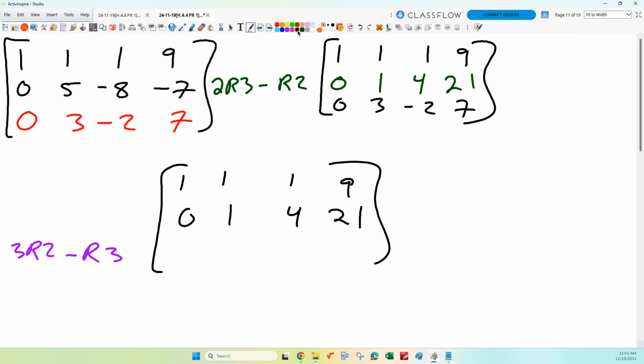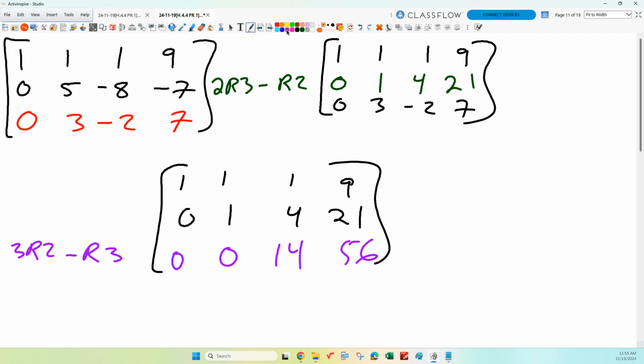Okay, so what is the bottom row going to be then? 3 times R2, 3 times 0 minus 0 is 0, right? Okay, good. Whoops, I want that to be purple. 3 times 1 minus 3 is 0. 3 times 4 is 12, minus negative 2 is 14. 3 times 21 is 63, minus 7 is 56.